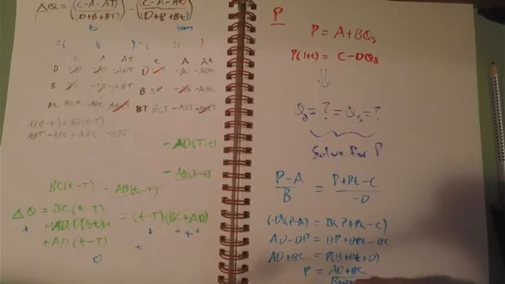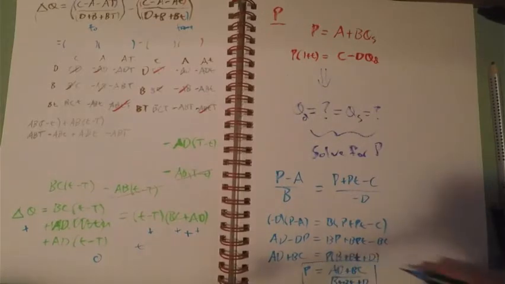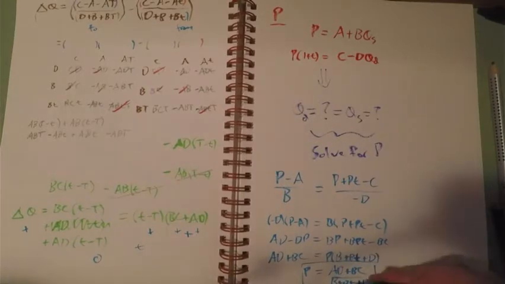And there, we've got price. That is price at a tax of T.